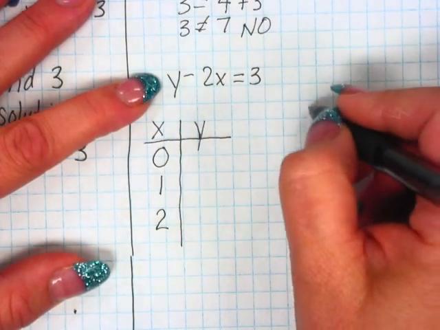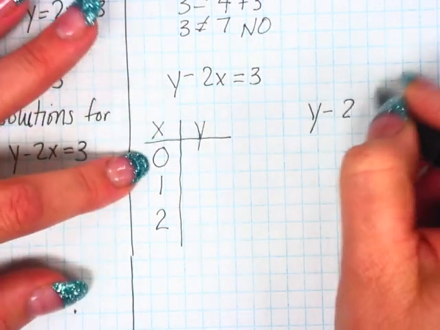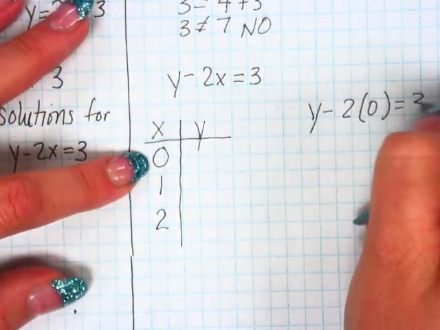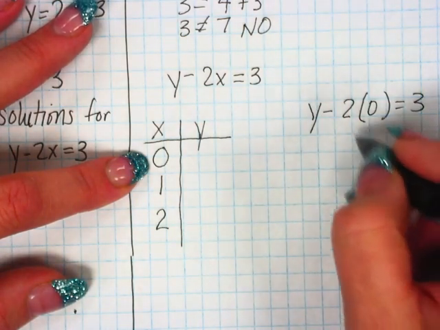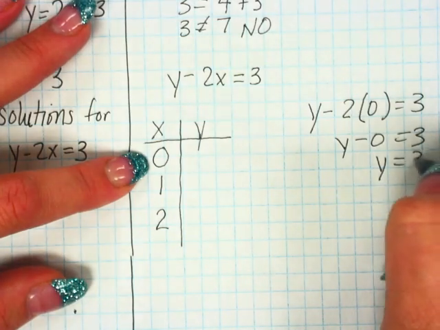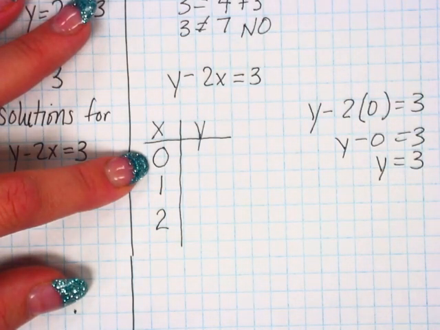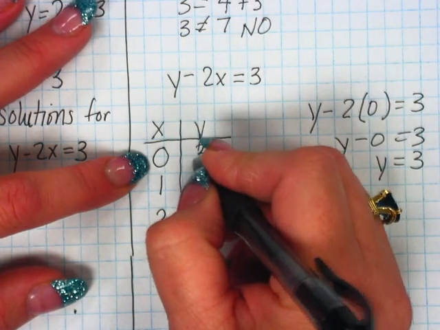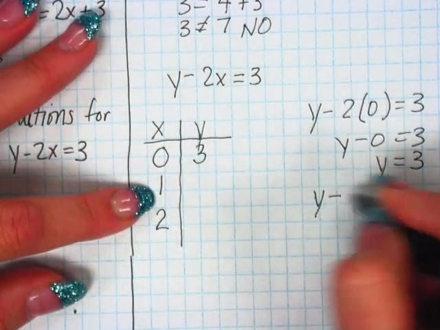So we're going to come over here, y minus 2 times 0. We want to know what happens when the x is 0. We get y minus 0 equals 3. So if the x was 0, the y is 3. Now what happens if I make the x 1?